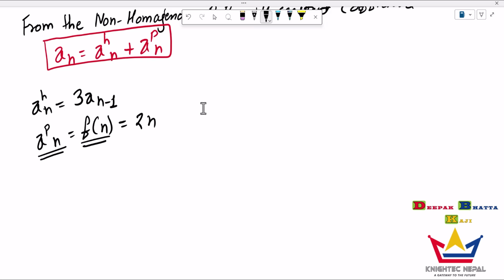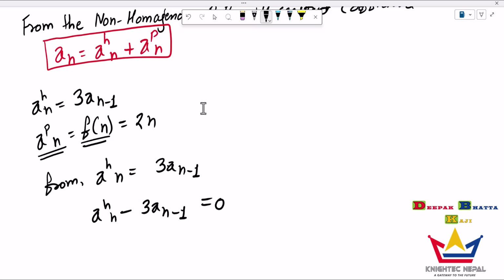Now from a_n^h = 3a_{n-1}, put 0 on the right-hand side. So now write a_n^h - 3a_{n-1} = 0, right?